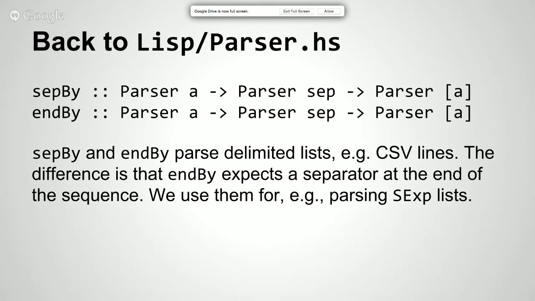I run that parser for side effects, but I don't do anything with the result. SepBy would be, you give it a field parser and a parser that matches the comma, and you have a CSV line parser. EndBy is similar, except it expects the sequence to be ended by that separator as well.